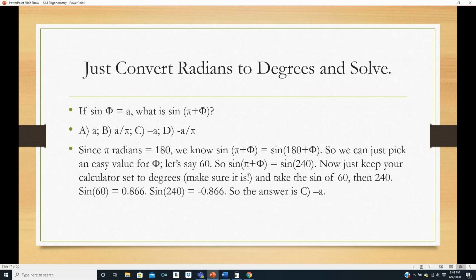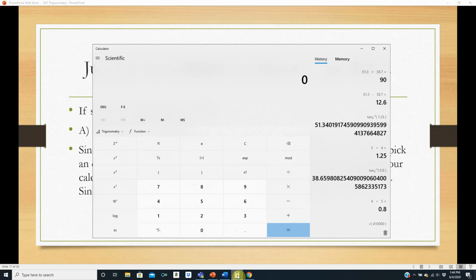Now just keep your calculator set to degrees, which it usually is, but do make sure it is. Maybe you hit the wrong button or something. Okay, we see DEG, it's set to degrees. So now all we have to do is put in 240 and take the sine of 240. We get negative 0.866.